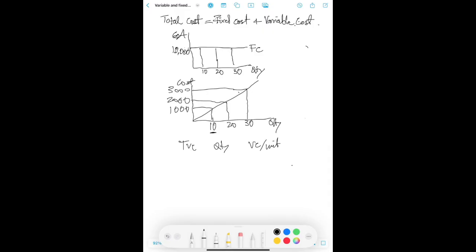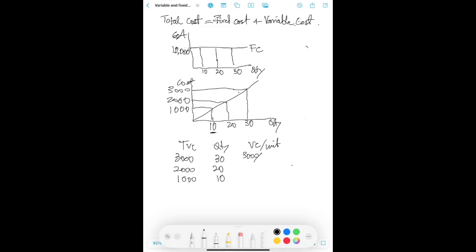That is variable cost per unit. Using the example we are working with, 3,000 naira was incurred for 30 units, 2,000 for 20 units, and 1,000 for 10 units.